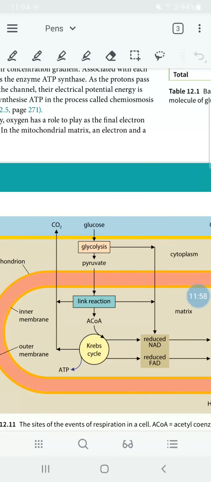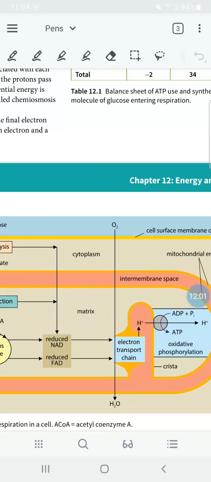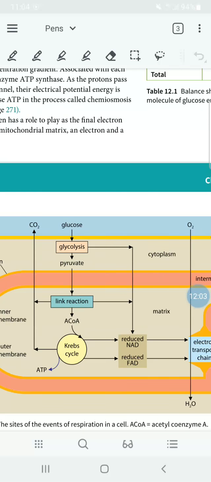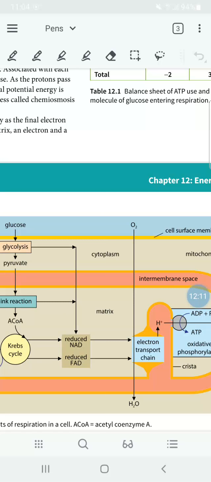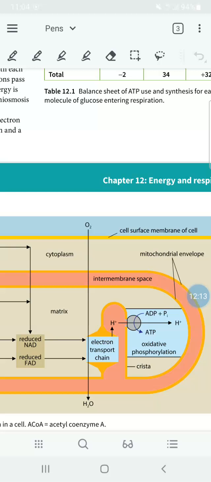And then the link reaction and Krebs cycle take place inside the mitochondrial matrix, and then reduced NAD and reduced FAD give away the H plus and the electron.